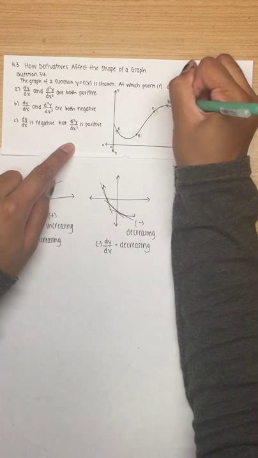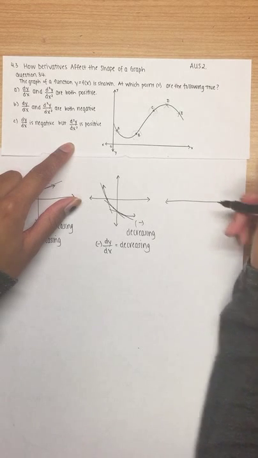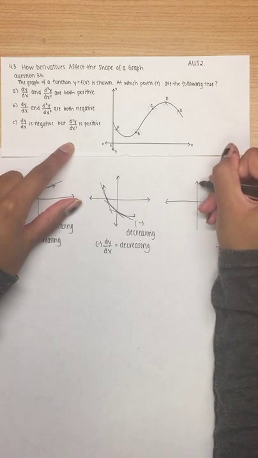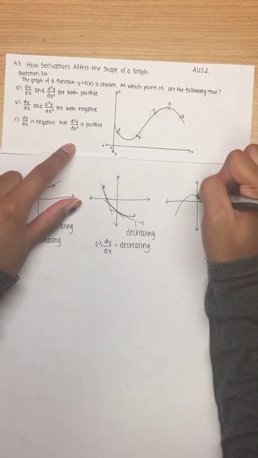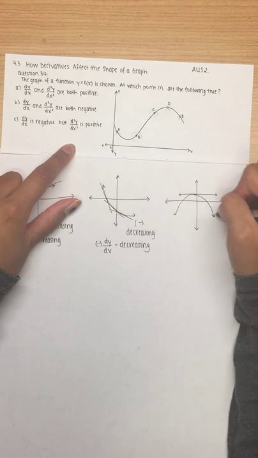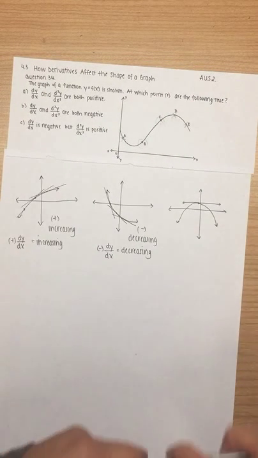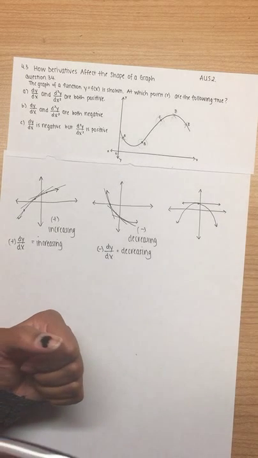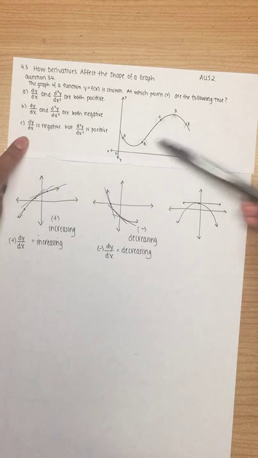It also eliminates D, because D is a point at which the slope is neither increasing nor decreasing, because the slope is just 0. So it's neither a positive nor a negative first derivative. Now we have the option of C or B or both of them.